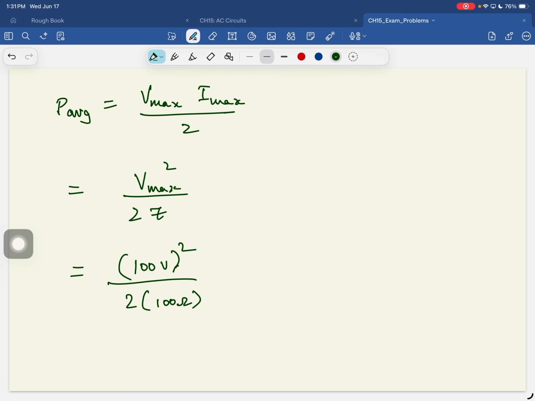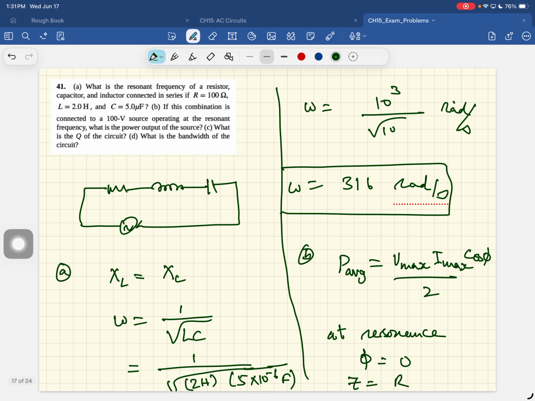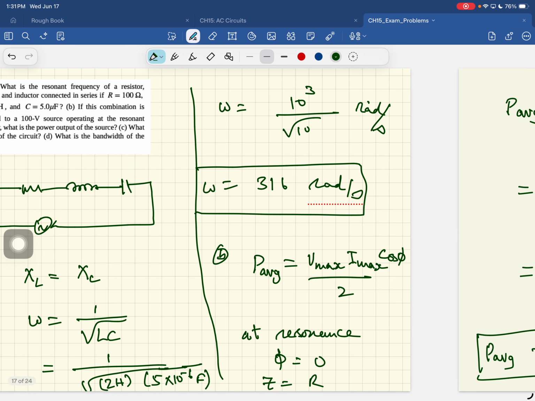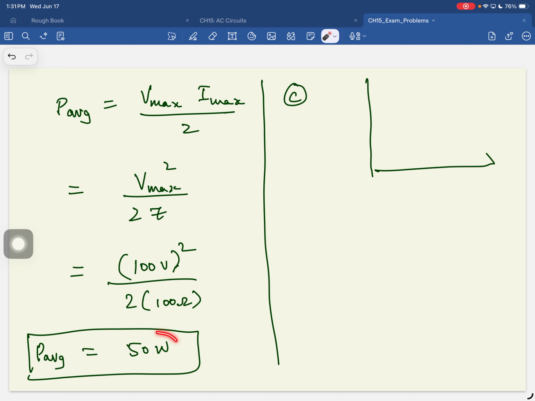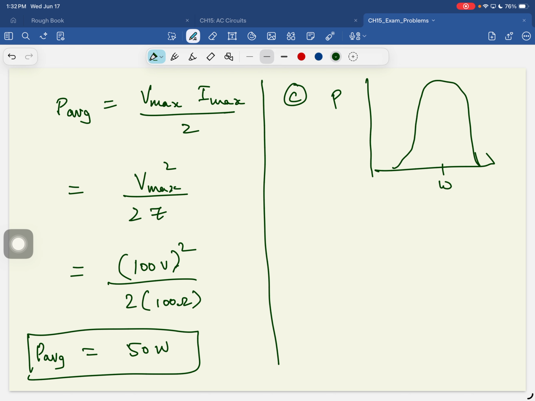V2 is 2000 volts. So N2 has that many turns.